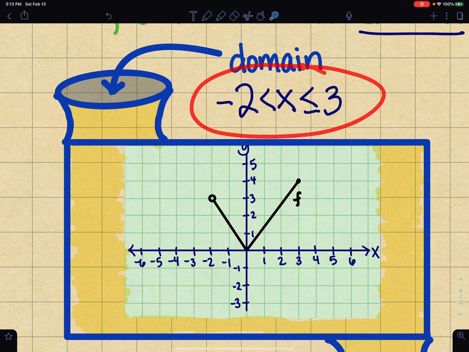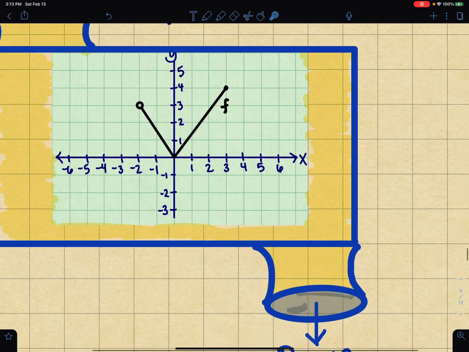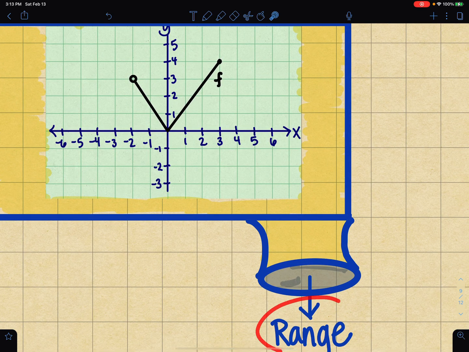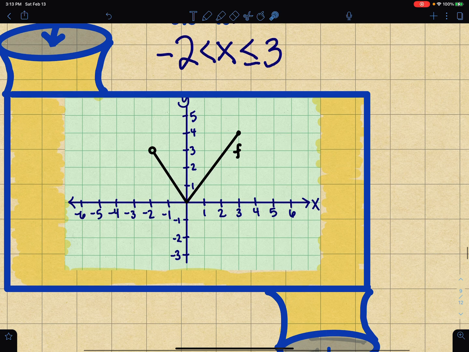These are the only numbers that you can put in and the machine will give you something. Okay, and then for y, it wants to know, what can this machine give you? It cannot give you any negative numbers because there's nothing that will buy you a negative number. But you can buy a number between 0 and 4, right?